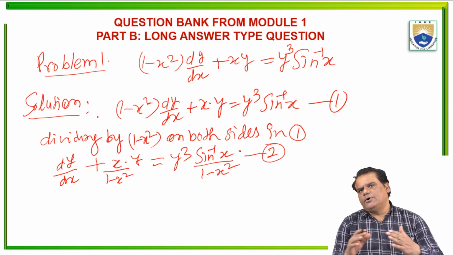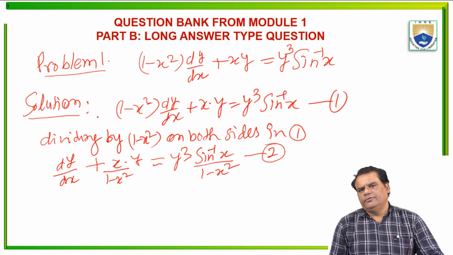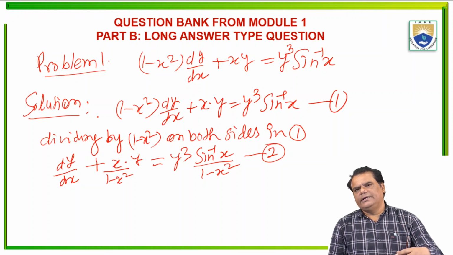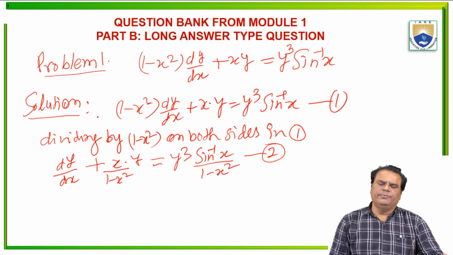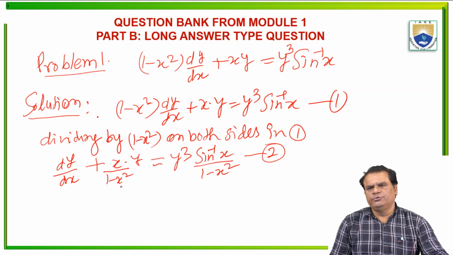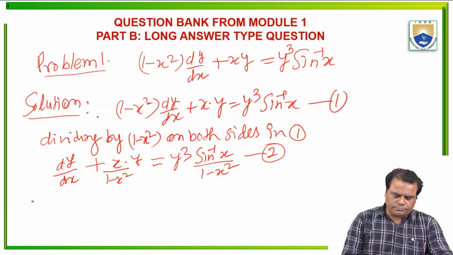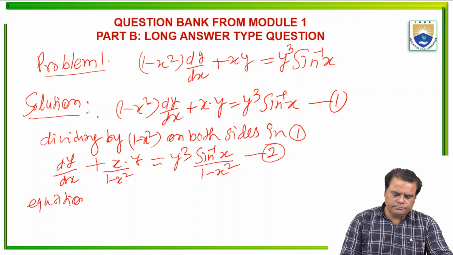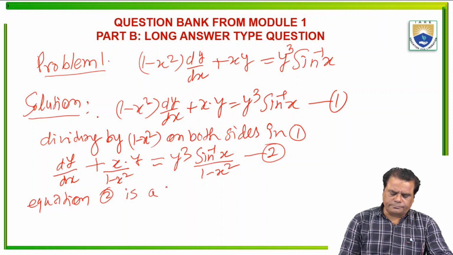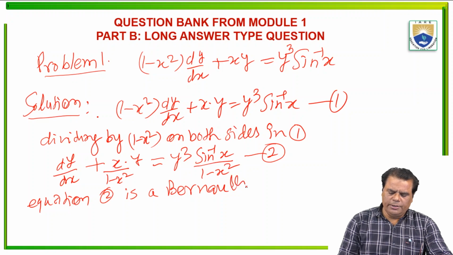Which type of equation is this? First of all, we recall that this equation 2 is a Bernoulli equation.